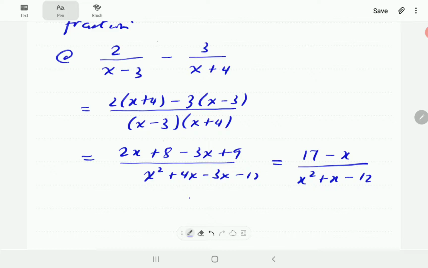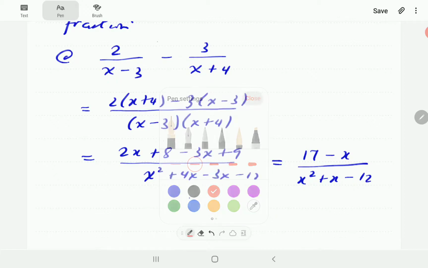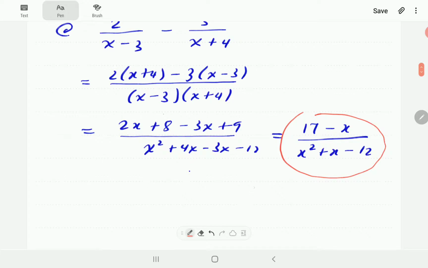So these two expressions are the same. Now here we have got a polynomial divided by another polynomial. So this here is an example of what we call a rational expression.